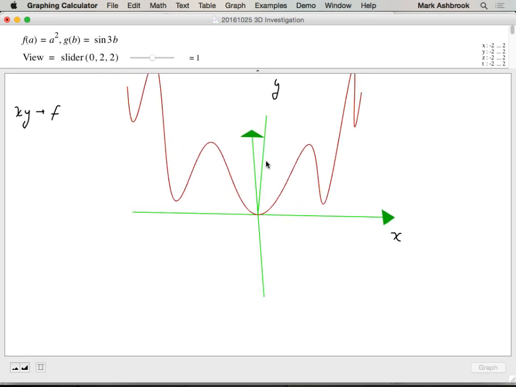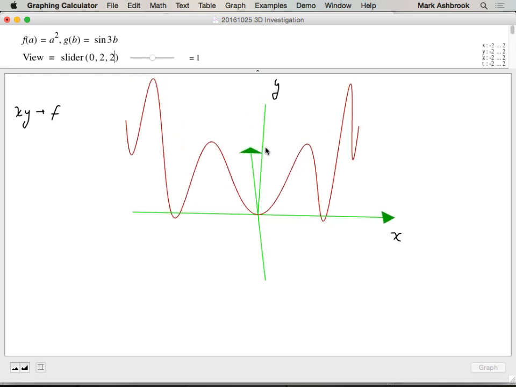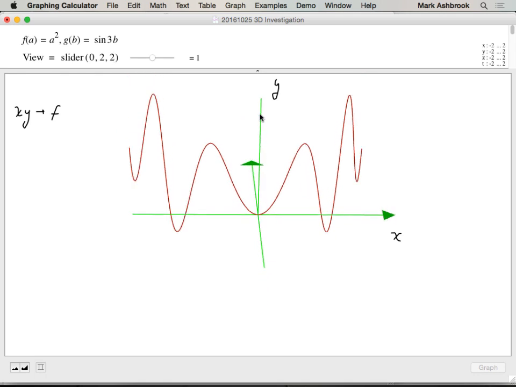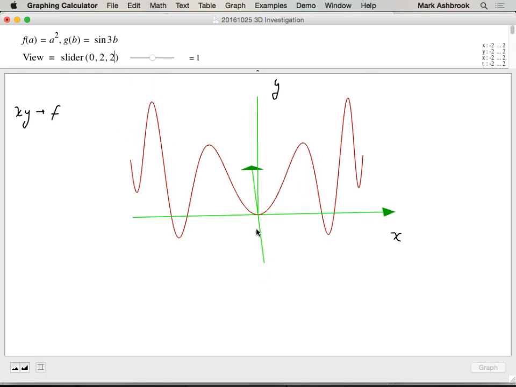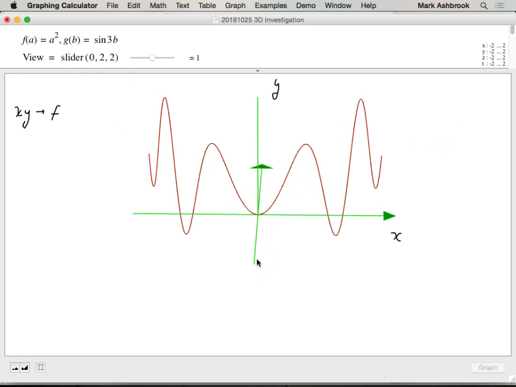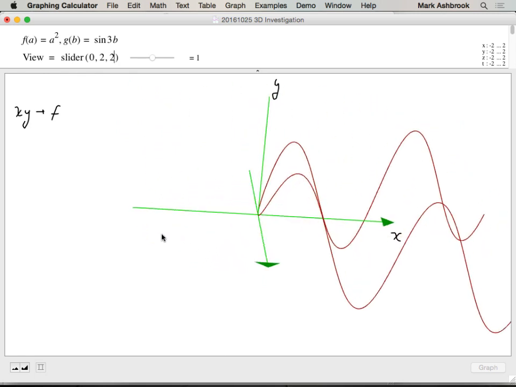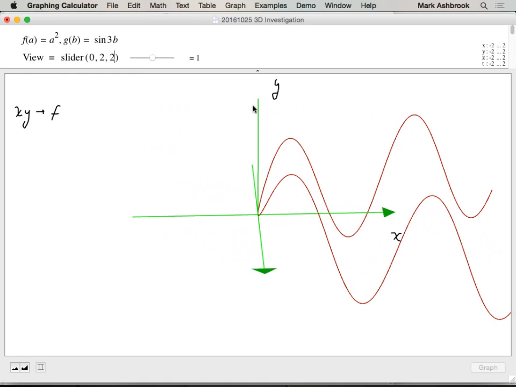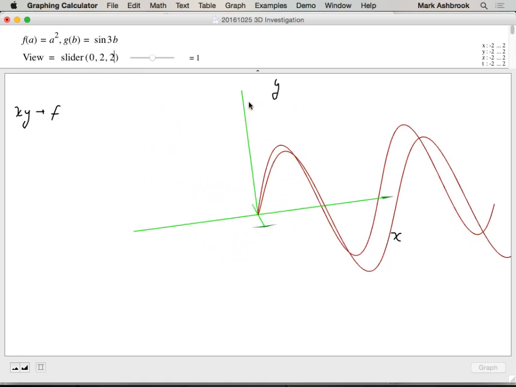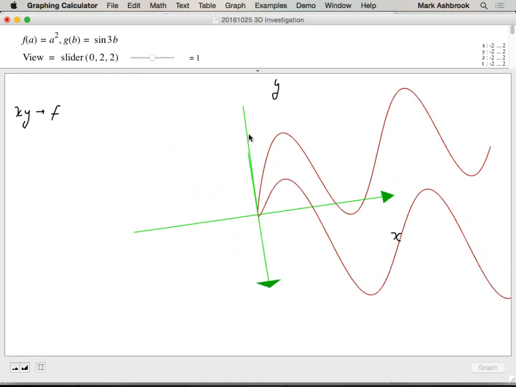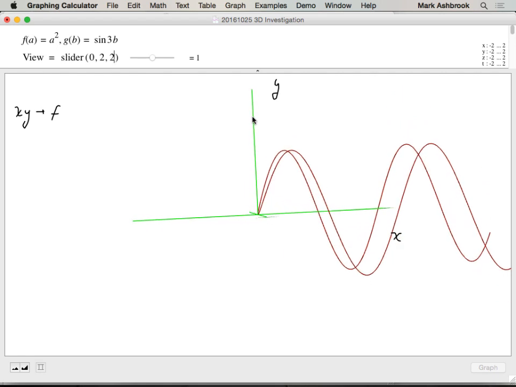What if we turn and look at the other side? It's kind of hard to control.